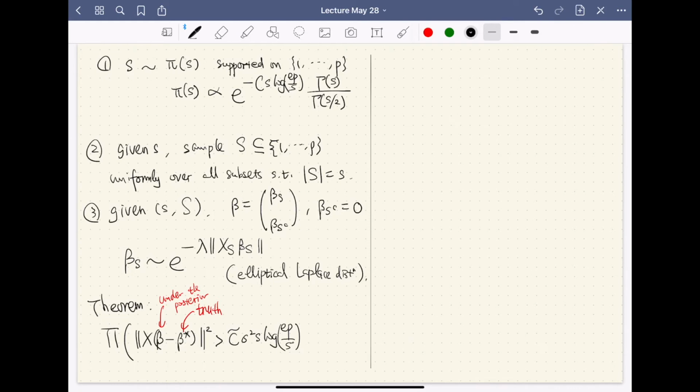Now I should put s star here, because this is not a generic s under the prior, but here this s is going to be the sparsity of the true beta, the L0 norm of beta star. Now the posterior probability of being greater than this, given data Y, converges to 0 in probability.